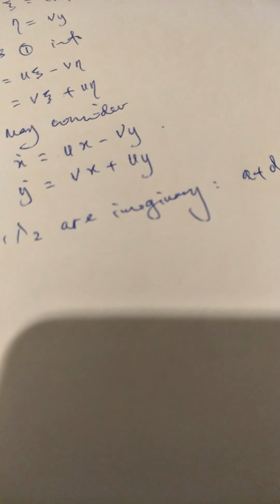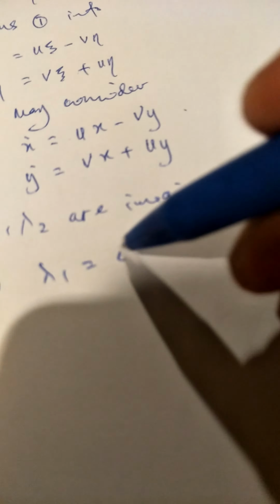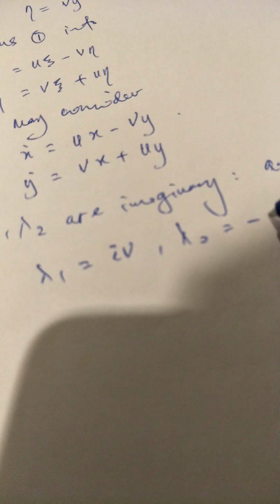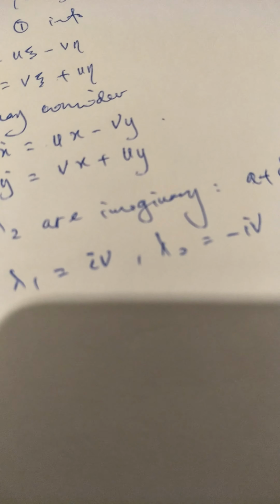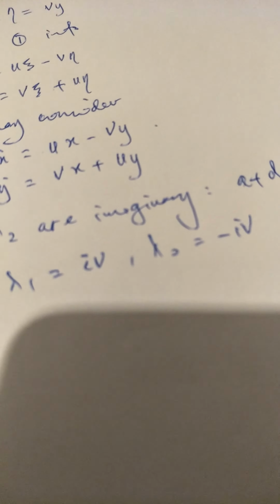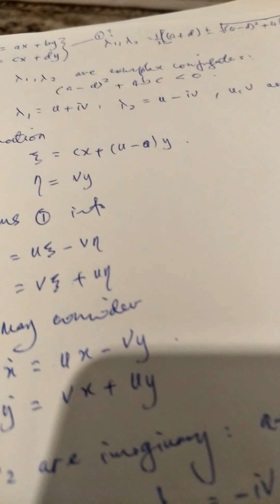Then our roots are lambda 1 equal to iv and lambda 2 equal to negative iv, because lambda 2 is the conjugate of lambda 1, where u is 0.